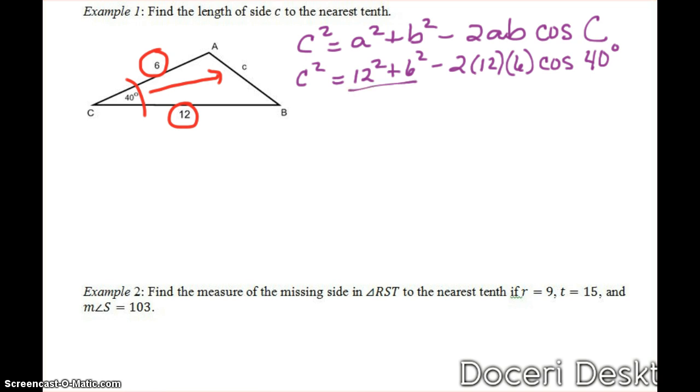I'm going to take c squared equals 144 plus 36 minus, now order of operations tells me I multiply before I add or subtract. So this whole thing stays together. Now we can simplify 2 times 12 times 6, and that result is 144 cosine of 40 degrees.